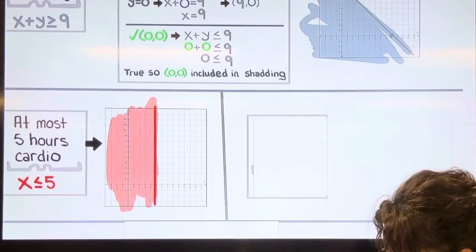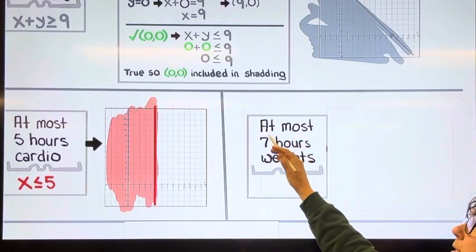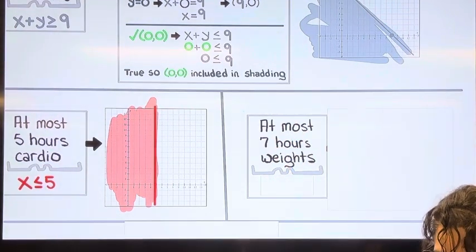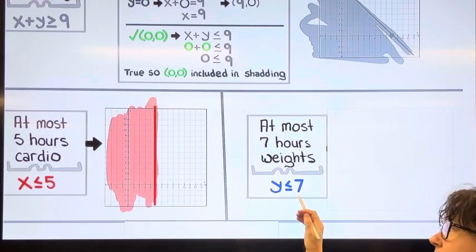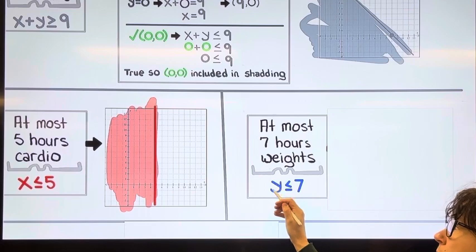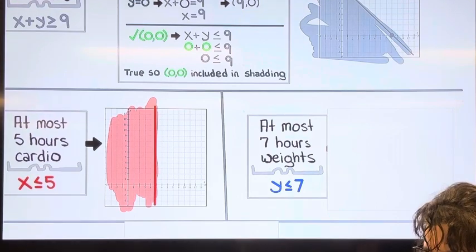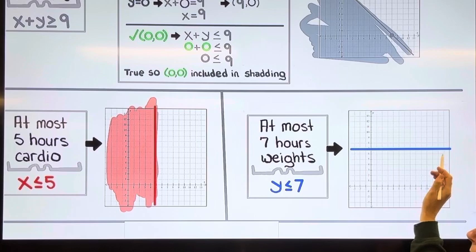And then a third statement was the person working out was at most 7 hours on weights, and so the weights was the y. At most, they've got to stay at or under 7 hours. So this one's going to be y less than or equal to 7. When you graph a y, it's going to slice through the y-axis, specifically here at 7.